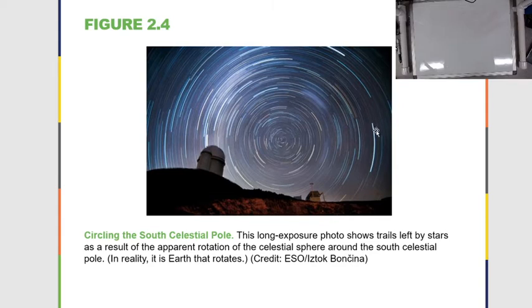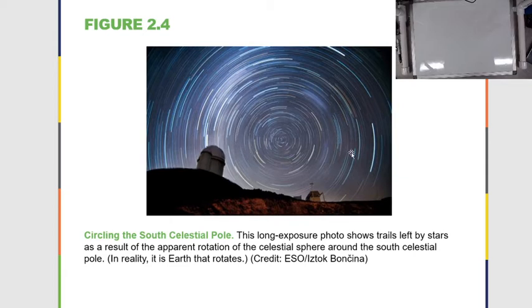The farther a star is from the center, the longer the length of the arc; they would all make the same angle, but the longer the length of the arc. Notice that the North Star would just stay there as the Earth turned. The North Star is never below the horizon. And in fact, there are a lot of stars that are never below the horizon. They'll just make circles wherever they are. Those are called circumpolar stars.